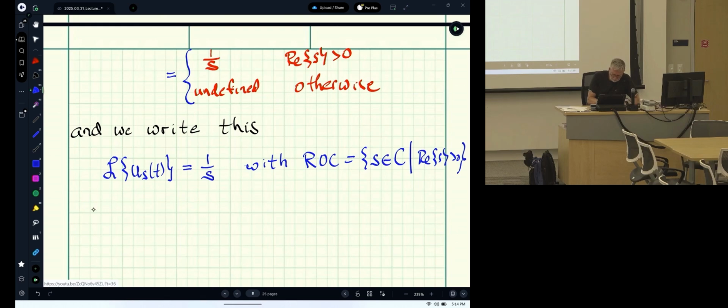Okay, and ROC stands for region of convergence.